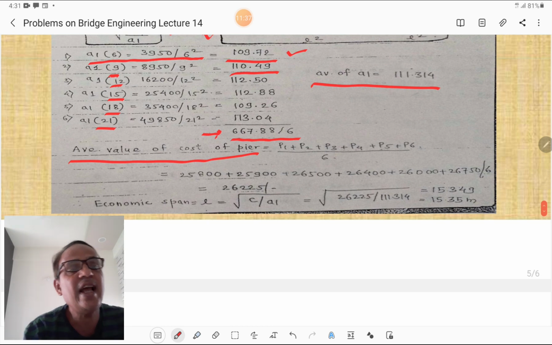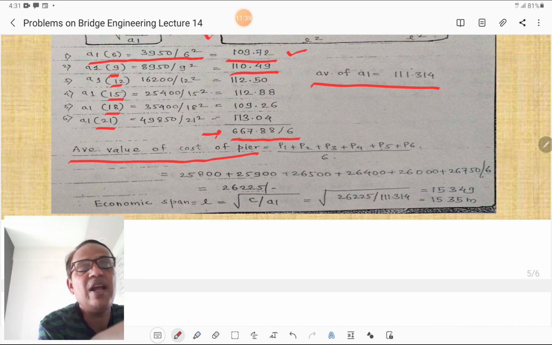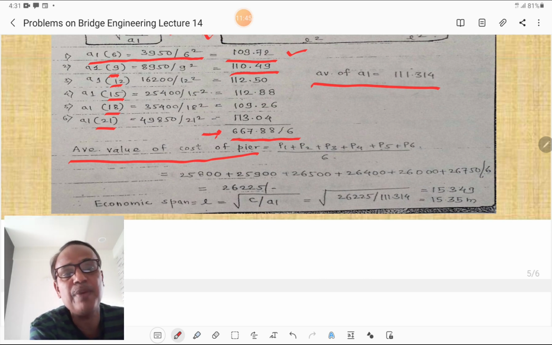So calculate the average by this formula: P1 plus P2 plus P3 plus P4 plus P5 plus P6 divided by 6. If 7 spans are there, then summation of P7 divided by 7. If 10 values are there, summation of P10 divided by 10. That is the average value of cost of pier, which is very simple, right?